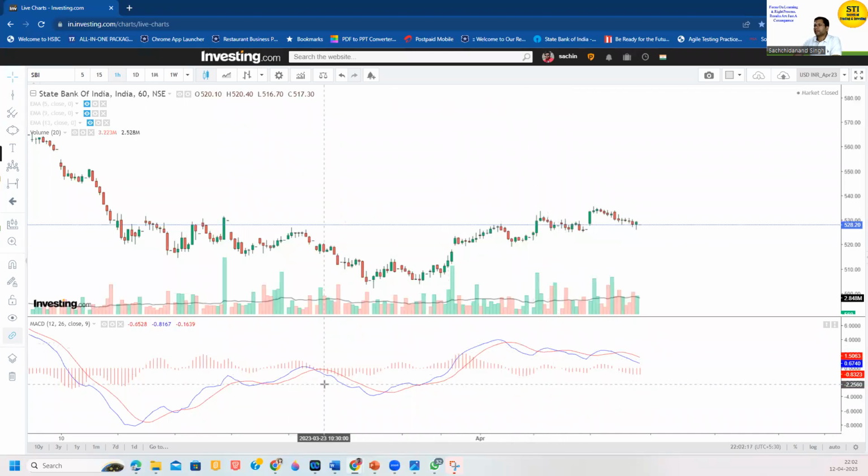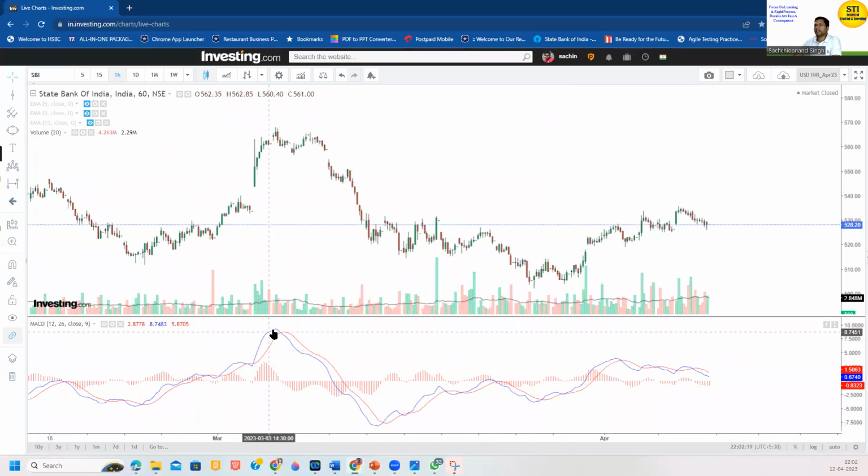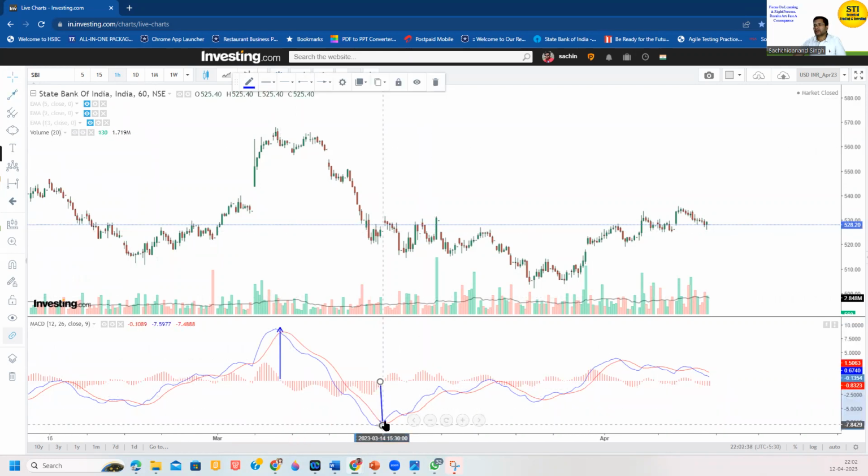If you look at the past, the MACD line and signal line are quite far away from the horizontal line of the MACD indicator. So this is the kind of average distance. However, if you look at the recent one as of now, the distance is very small, a very narrow distance.